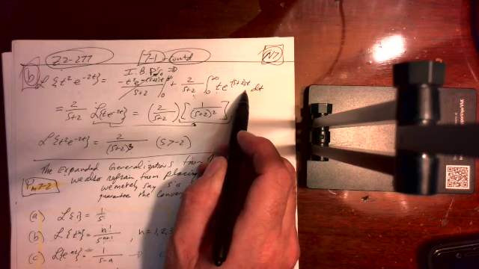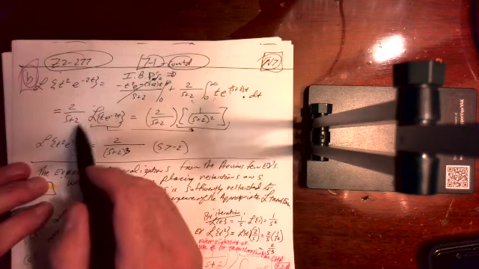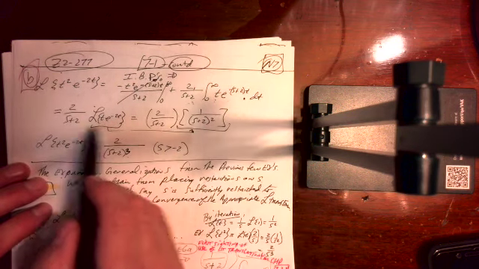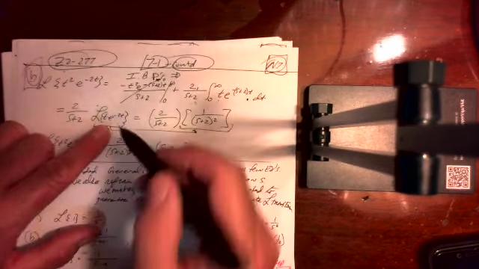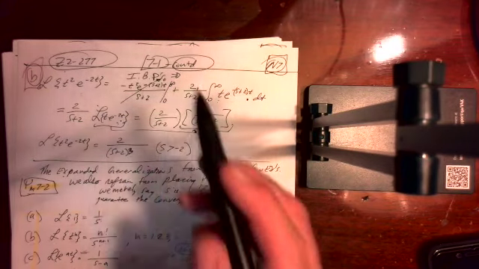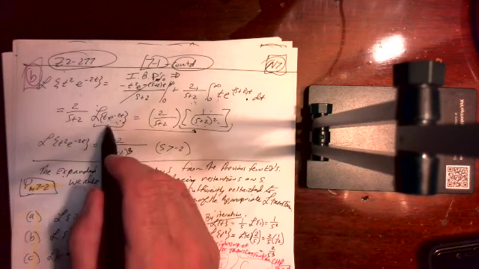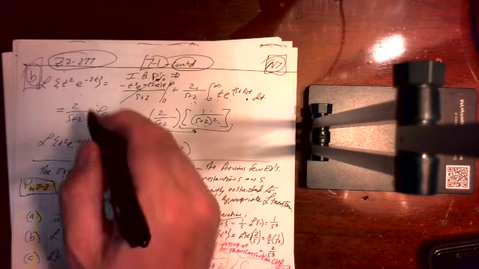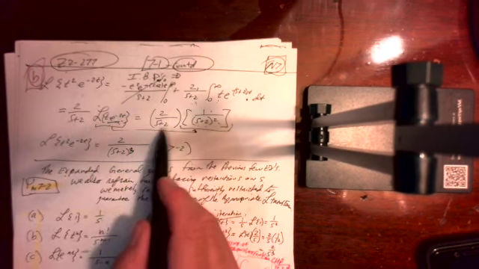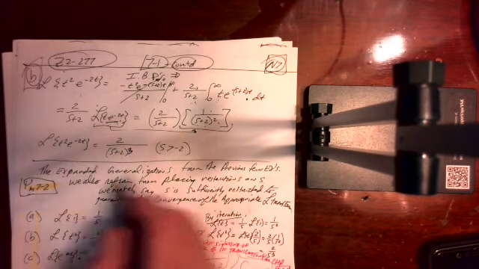Basically, when we bring this out front, we have the Laplace of this. Well, we just did this, the Laplace of this, and so we end up with 1 over s plus 2 squared. We just did this one in part a. So now you have both of these put together, and this is what you end up with.